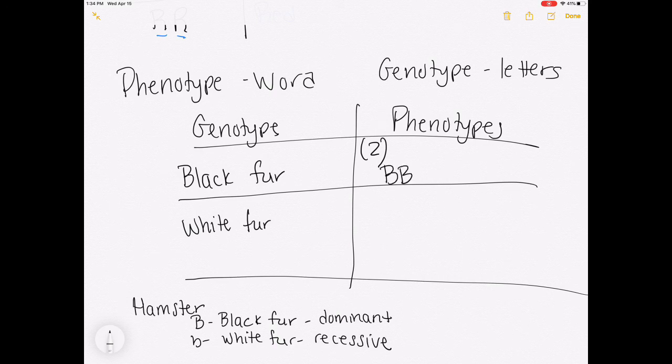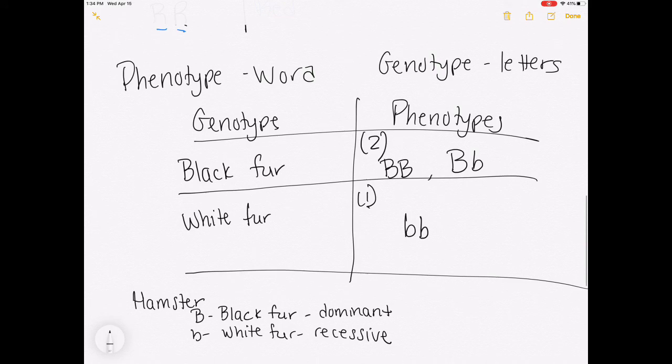What's the other way I could show it? Remember, anytime a big letter is present, it's going to show the dominant trait. I already used two big, so that's not an option anymore, but maybe Dad gave a big B and Mom gives a little b. For white fur, there's only one way to show recessive traits, and that's going to be little b, little b.